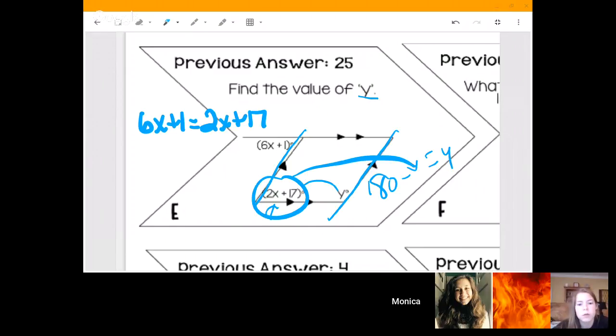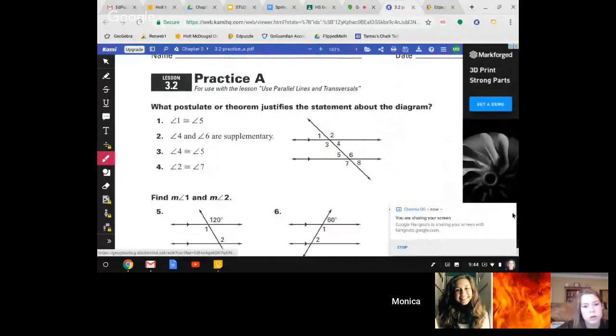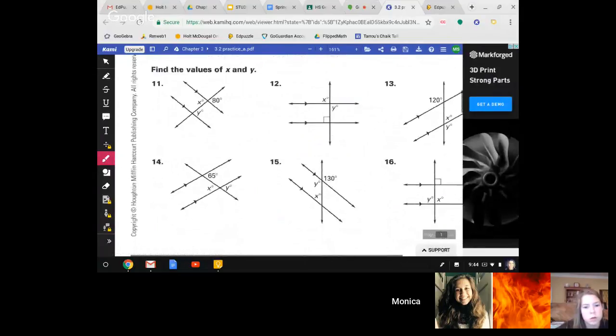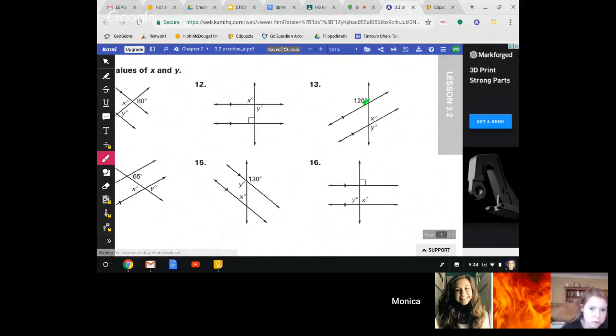Okay, Ethan, number 13 on the worksheet. So for this one, you're supposed to find the values of x and y. And we only know that this angle here is 120 degrees. So let's see how we can make a relationship between the 120 degrees and the other two angles, okay?